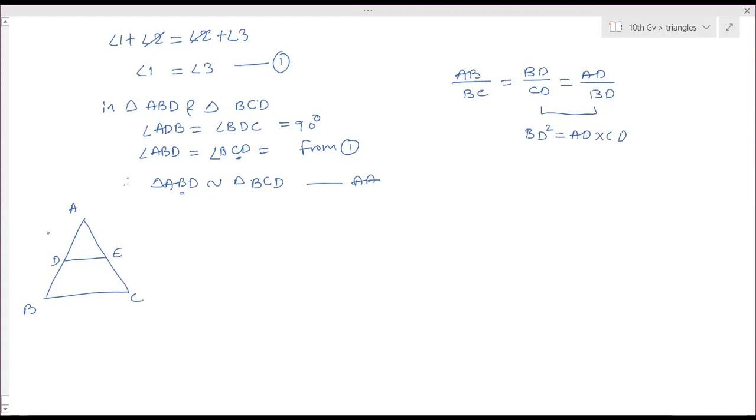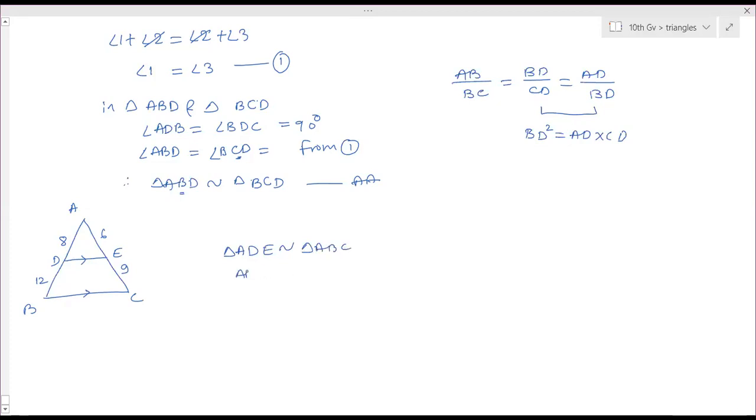AD is 8, DB is 12. This is 6, this is 9. 4 twos are 8, 4 threes are 12; 3 twos are 6, 3 threes are 9. That means the ratios are equal. So therefore, DE is parallel to BC. If DE and BC are parallel, then triangle ADE and triangle ABC are similar.